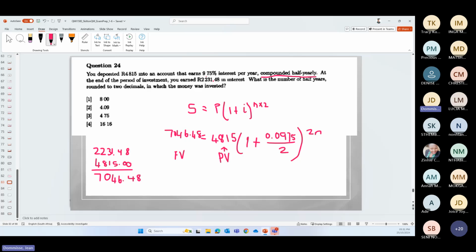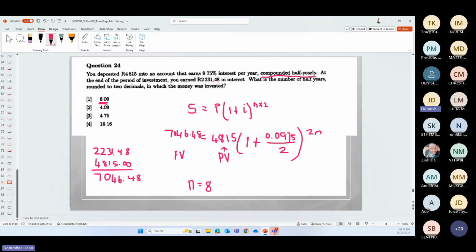We have it for 2 times a year. So if you then press your N, you will get N is equal to 8, which you see is there.